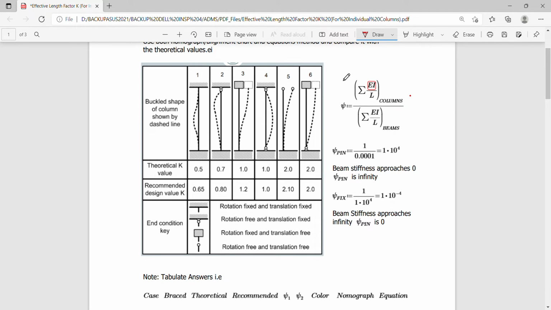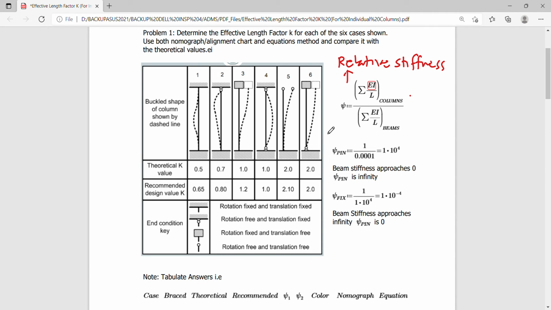This is the formula for the relative stiffness psi, which is simply the ratio of the column stiffness all over the stiffness of the beam, upon which your beam stiffness is represented by the joint stiffness.